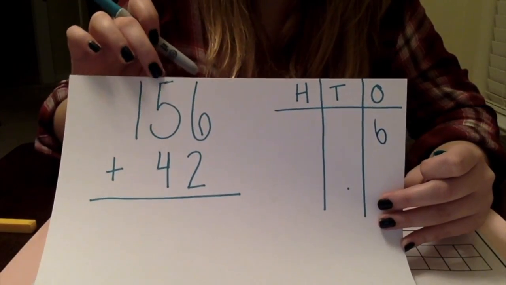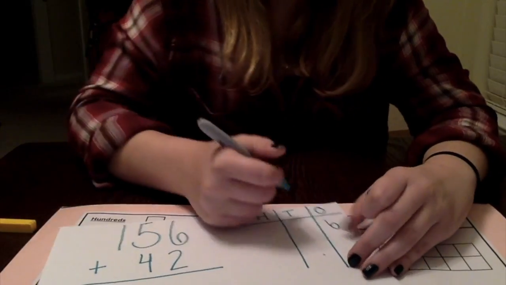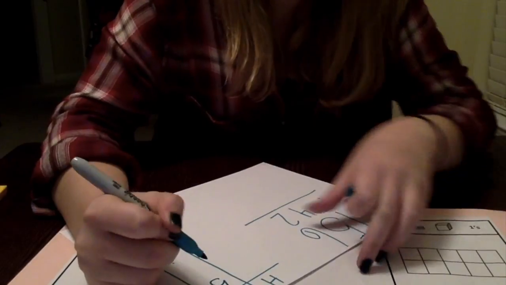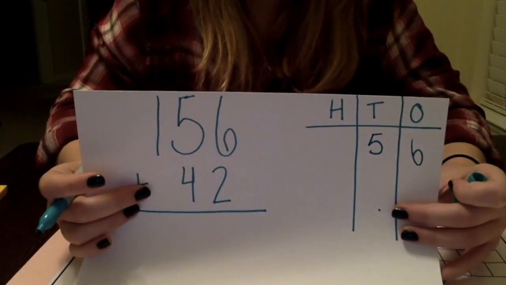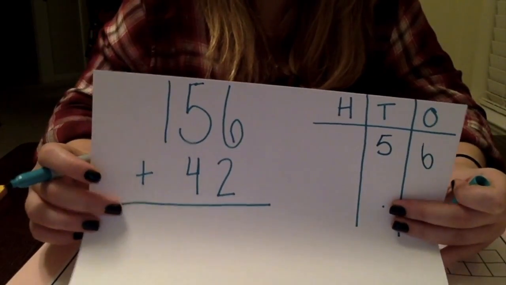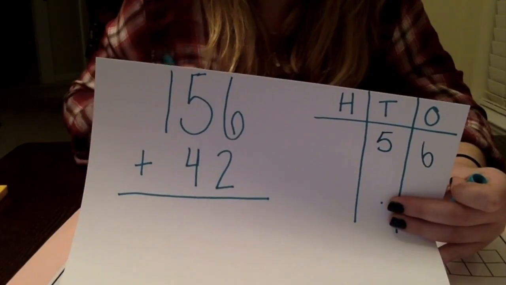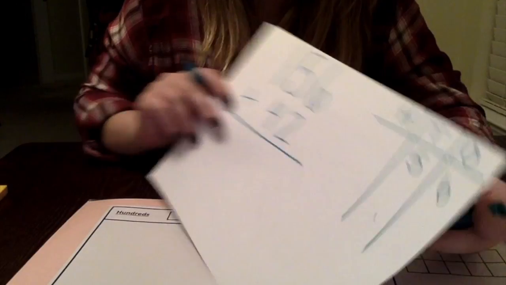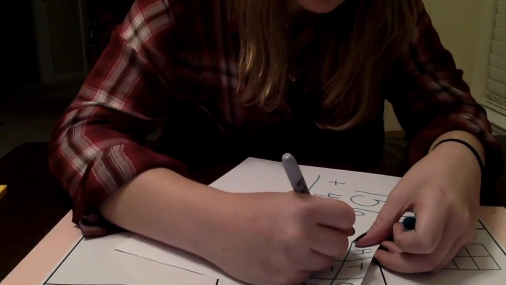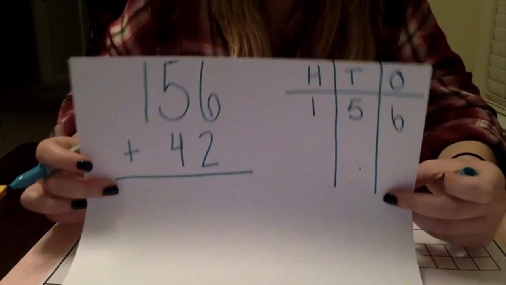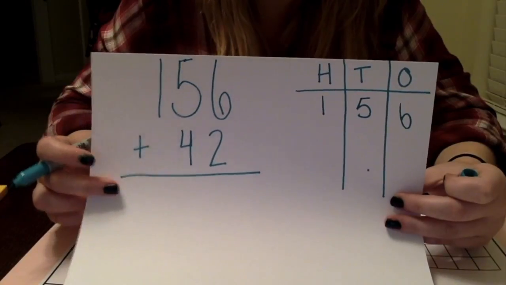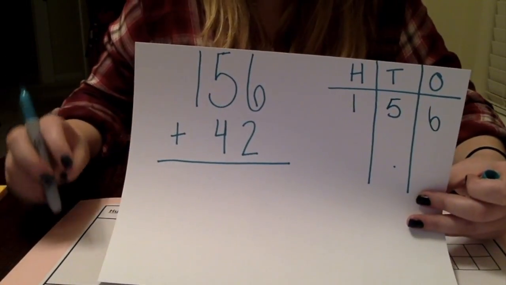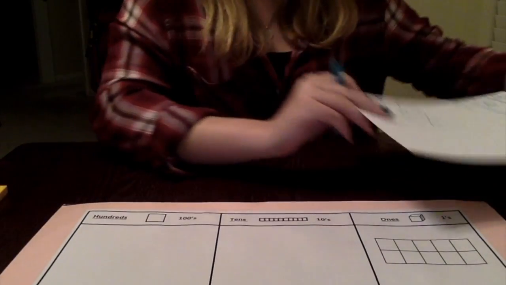And the value of those 5 tens is 50. So I will write a 5 into our tens place. The next place we're going to look at is our hundreds place. And I have 100, and that is the value of 100. So we have our top number in our place value chart. And that's the first number that we are going to build on our place value mat using our base 10 blocks.